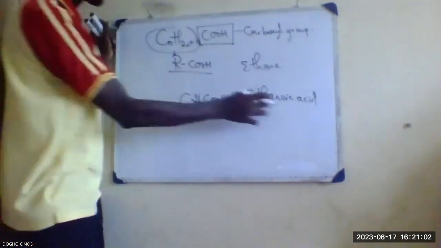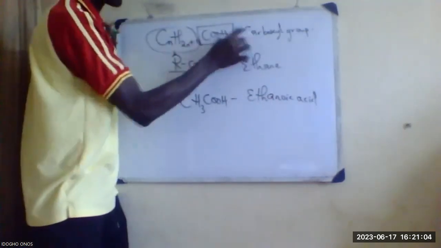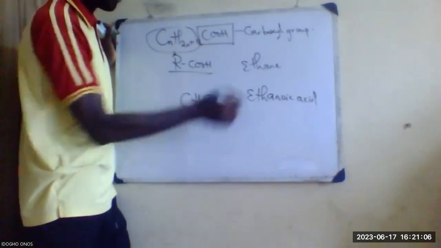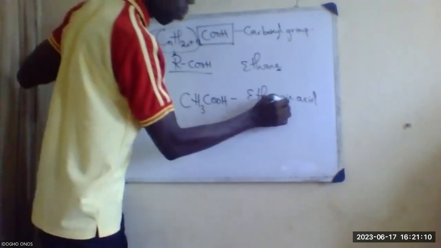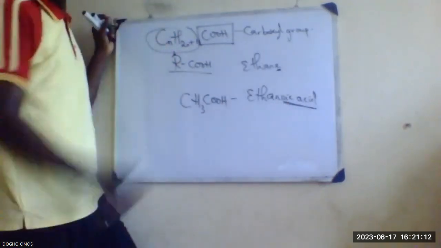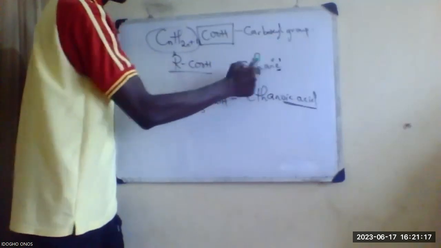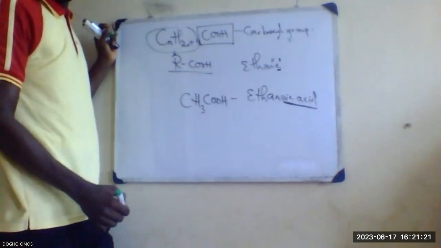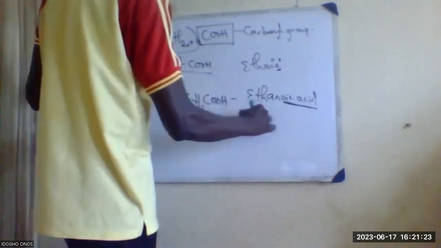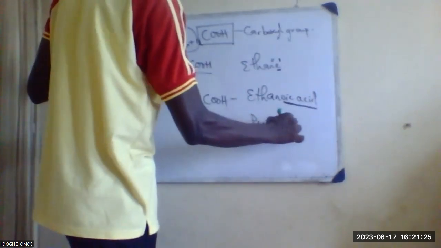Ethanoic acid is named by removing the ANE ending of the parent alkane and replacing it with oic acid. I remove the ending of the parent alkane and I replace it with oic acid. So I can also have maybe propanoic acid.